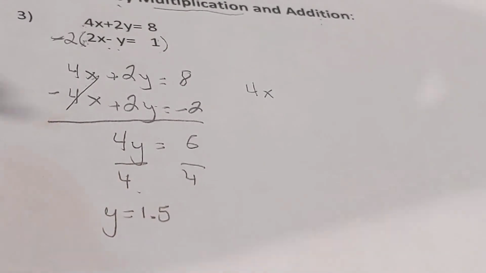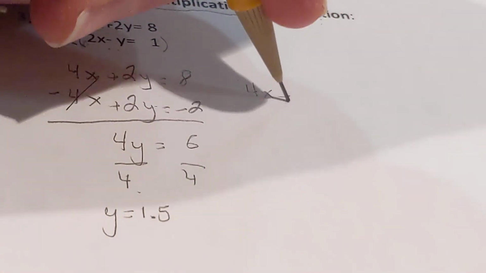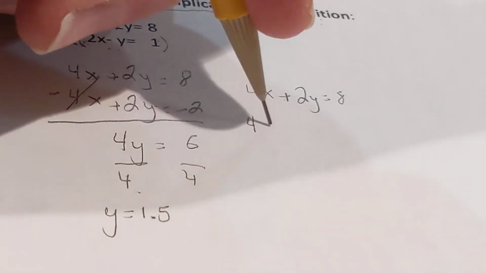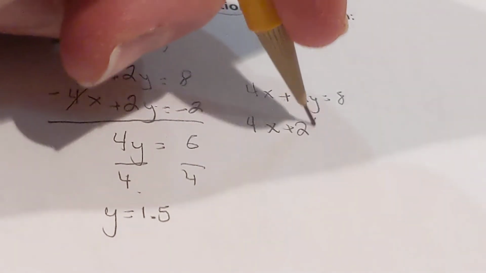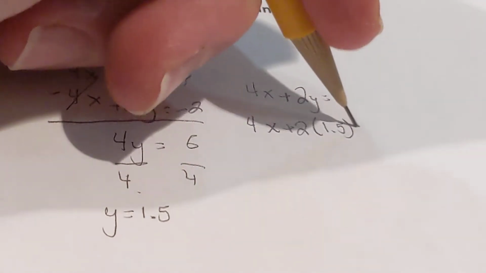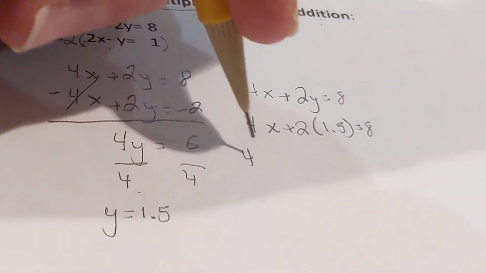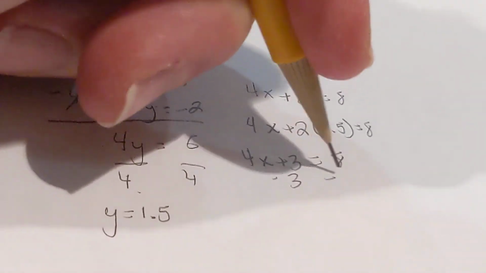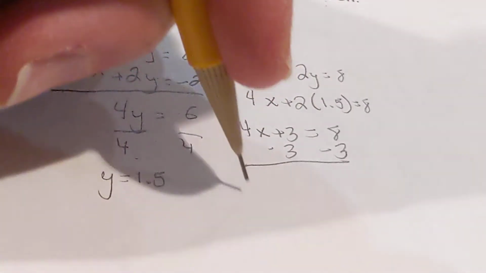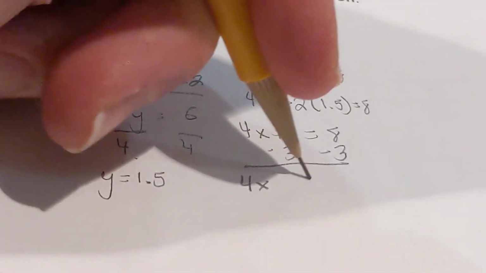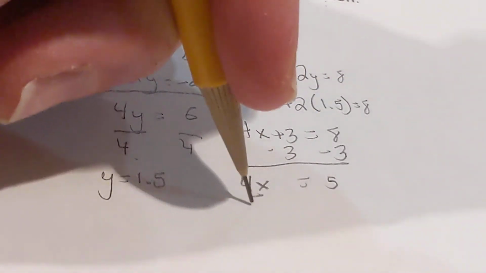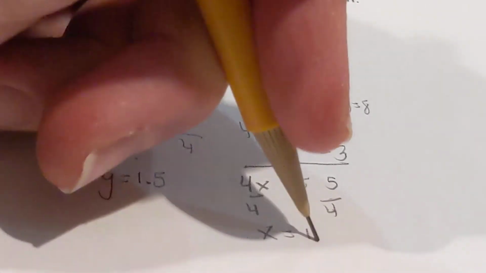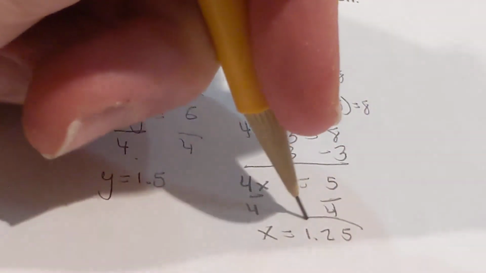We found y, now let's get x. 4x plus 2 times 1.5 equals 8. So that's going to be 4x plus 3 equals 8. So that's going to be x is 1.25.